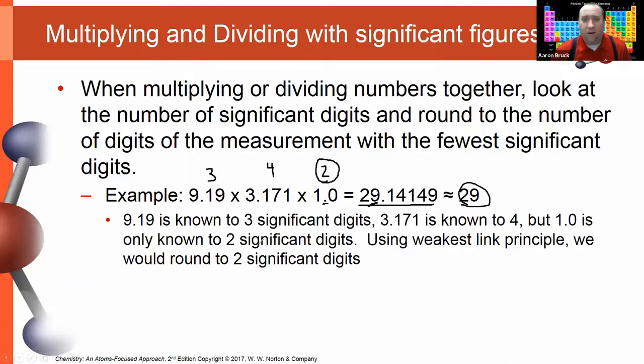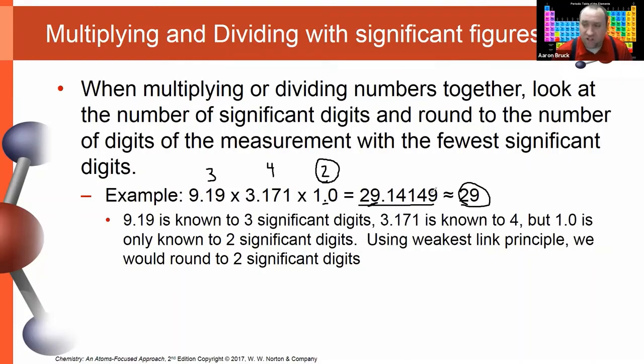So again, multiplying and dividing, far more simple than adding and subtracting in terms of getting the correct number of significant figures. Now it's going to feel weird at first to basically chop off a whole bunch of numbers.